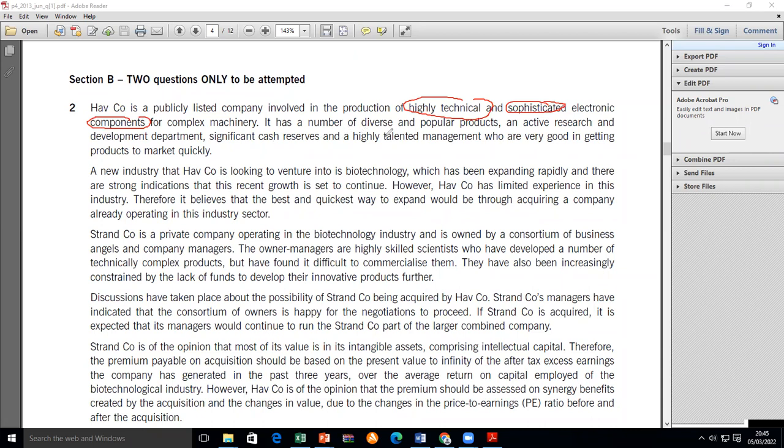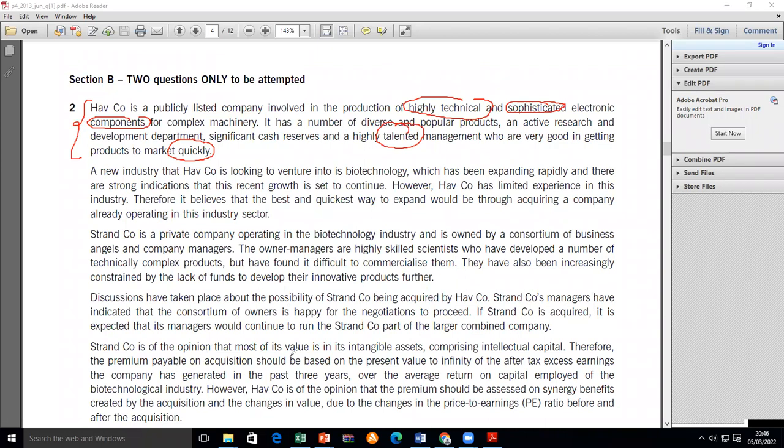It has a number of diverse popular products, an active research and development department, significant cash reserves, and highly talented management, who are very good at getting products to market quickly. So they seem to be quite a well-positioned company. So what are they lacking?